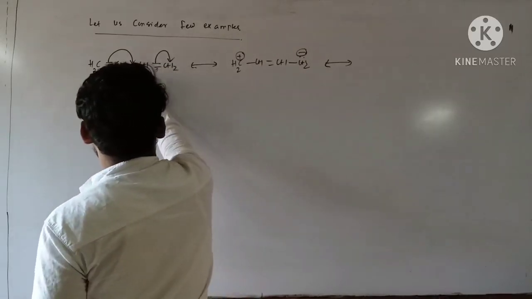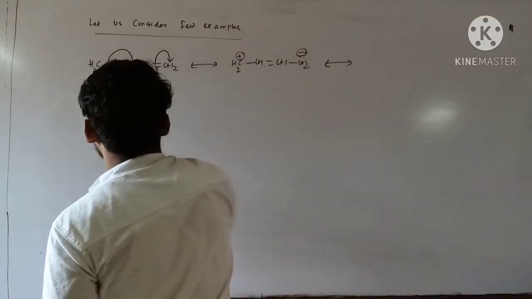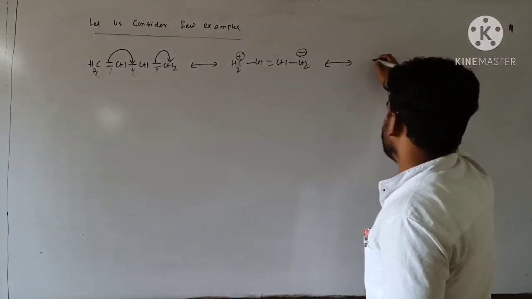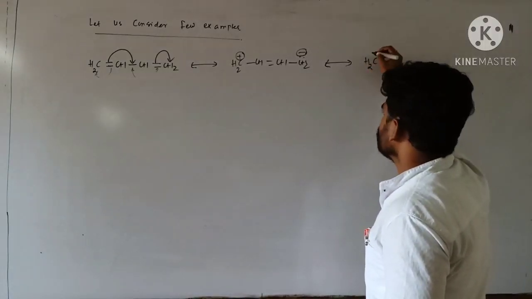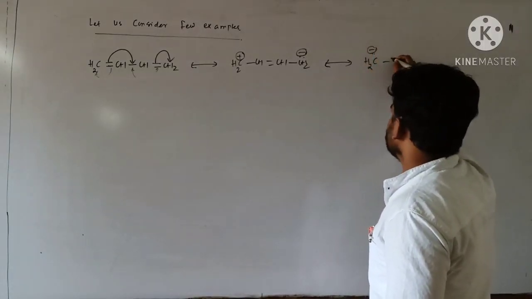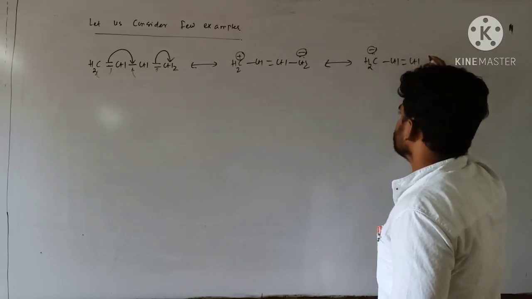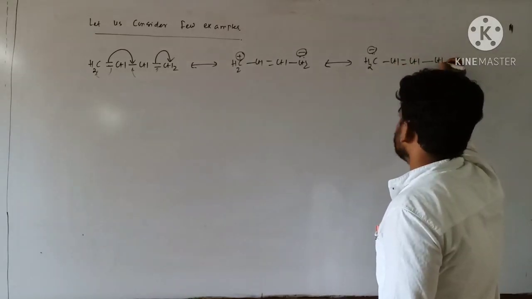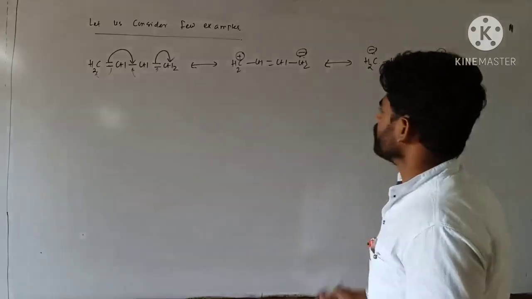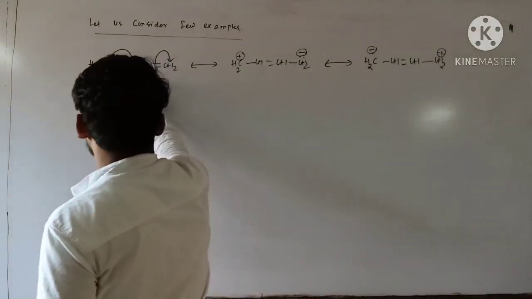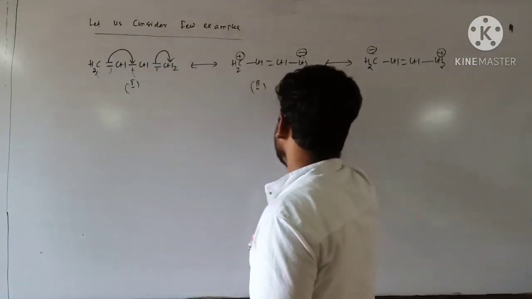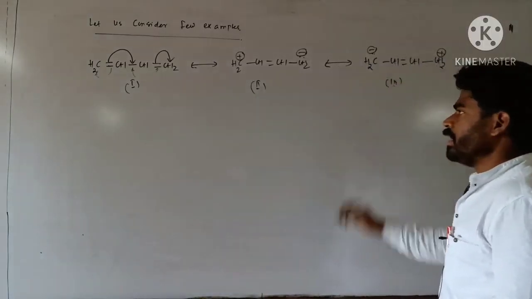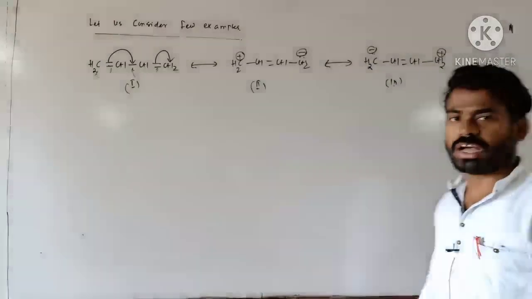The pi electron can move to here and this pi electron here. So the other structure can be CH2 minus, CH double bond CH, single bond CH2 plus charge over here. So this is structure 1, structure 2 and structure 3, three resonating structures of butadiene.